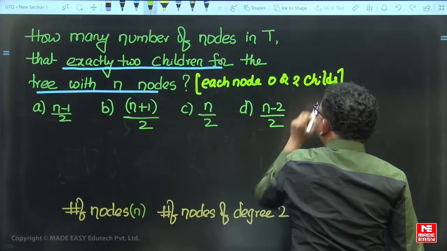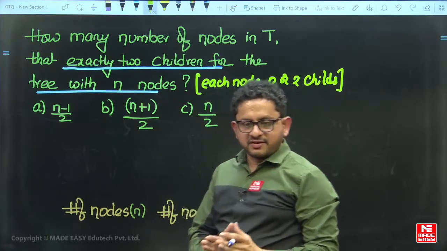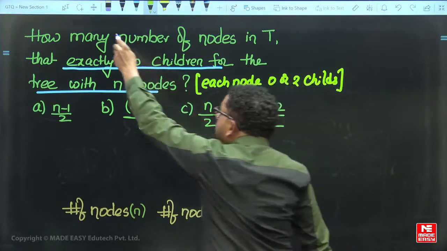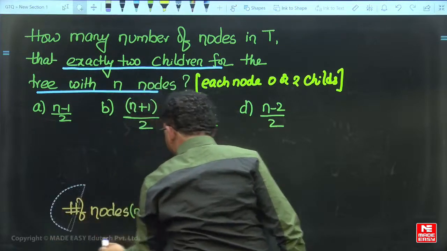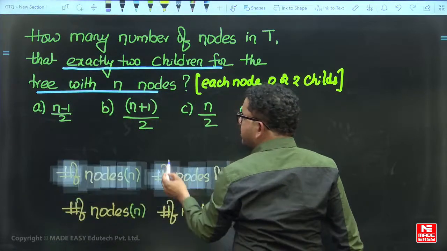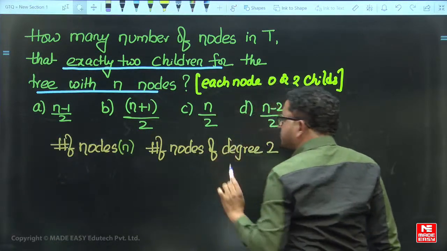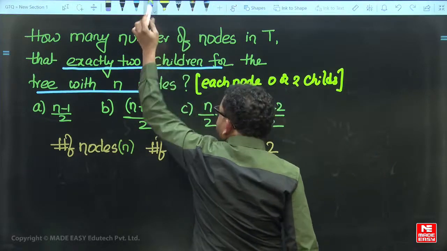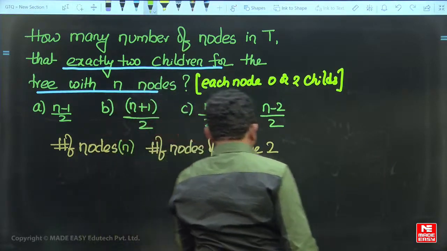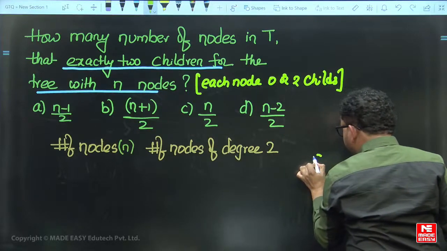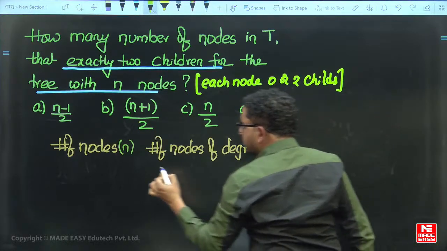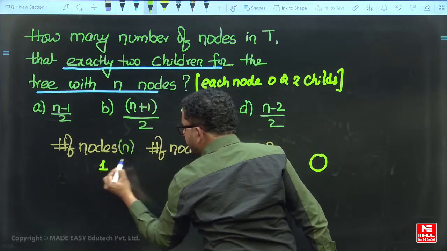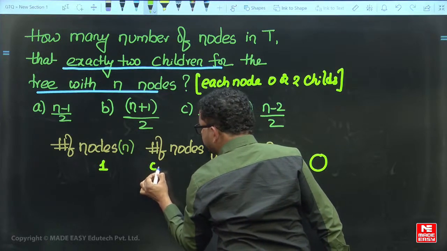Whenever this kind of question is given, the format is always the same: take one column for whatever is given, another column for whatever is asked to find, and take some sample trees. For a tree with one node, the number of nodes is 1 and the number of nodes of degree 2 is 0.